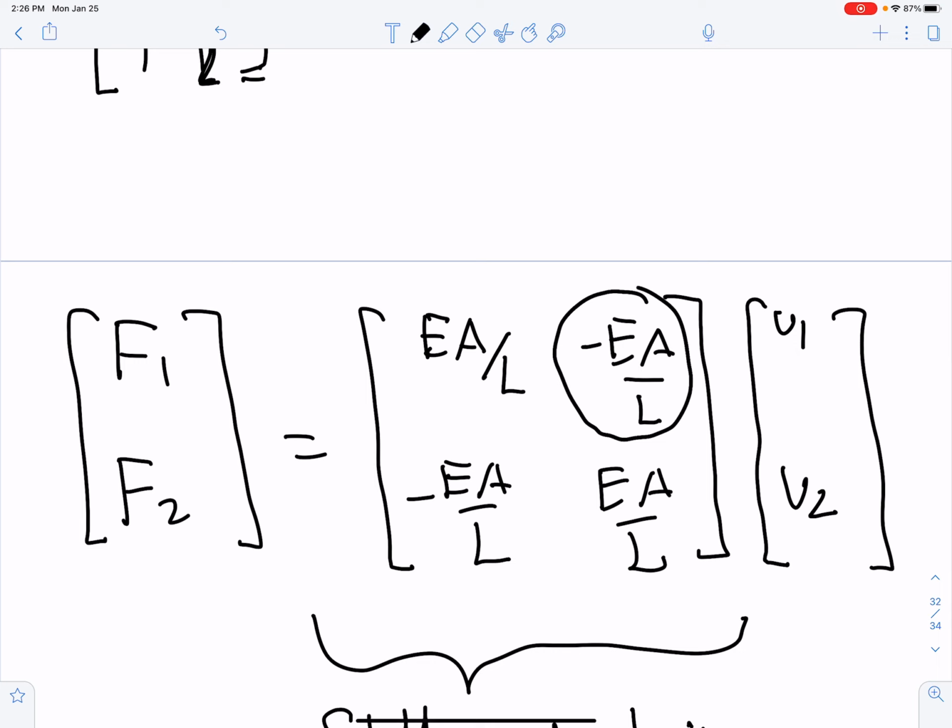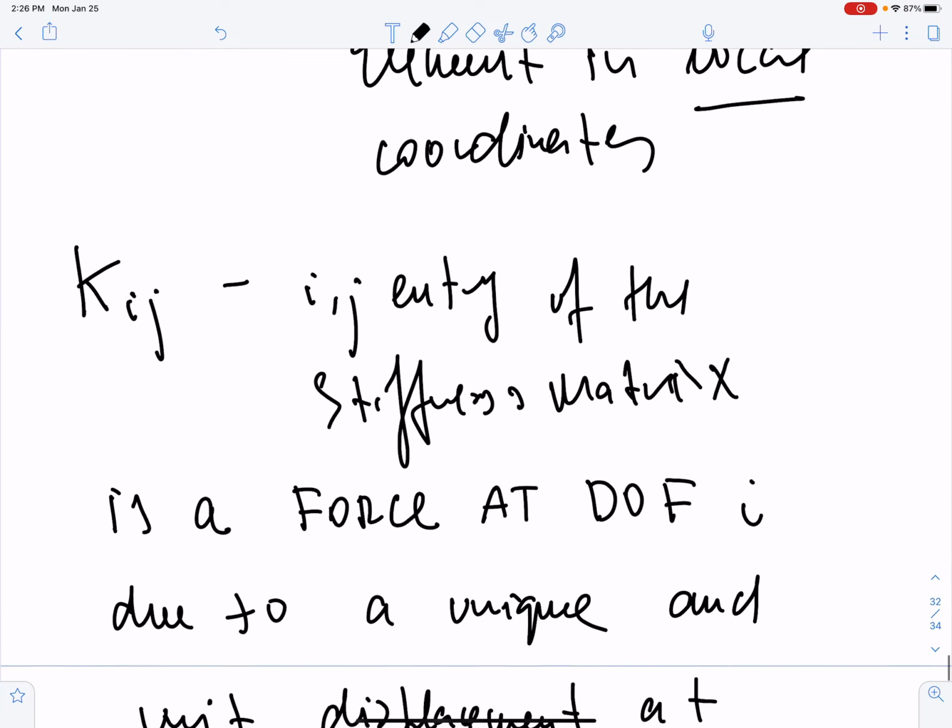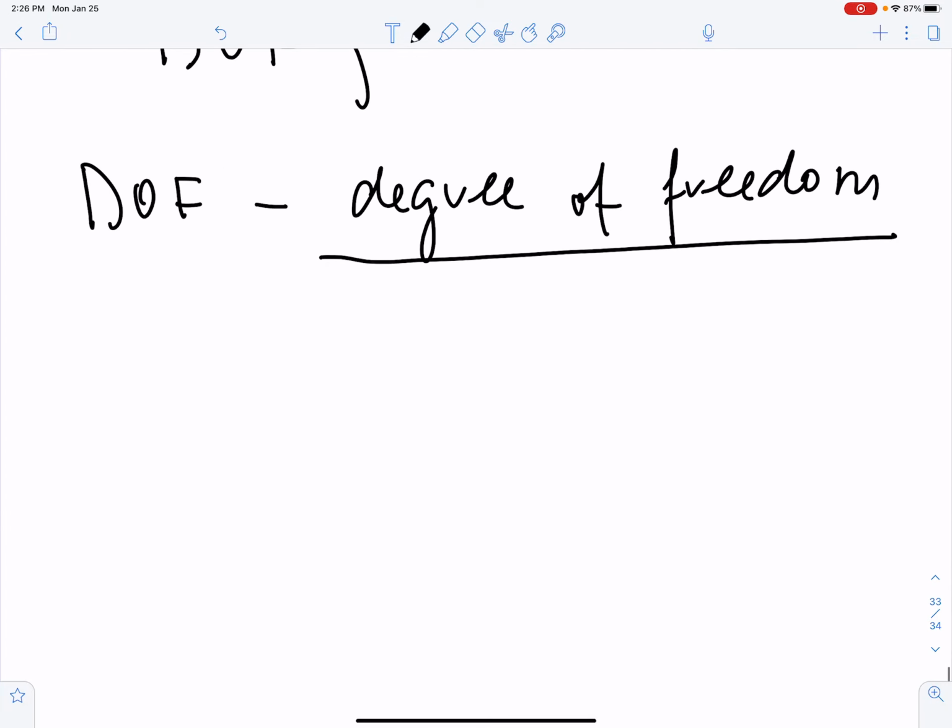That seemingly complicated process gave us a nice linear relationship between nodal forces and nodal displacements. These are the kinds of things we need to build up our structural analysis framework element by element. All right, let me stop here. The next lecture will cover beam columns.